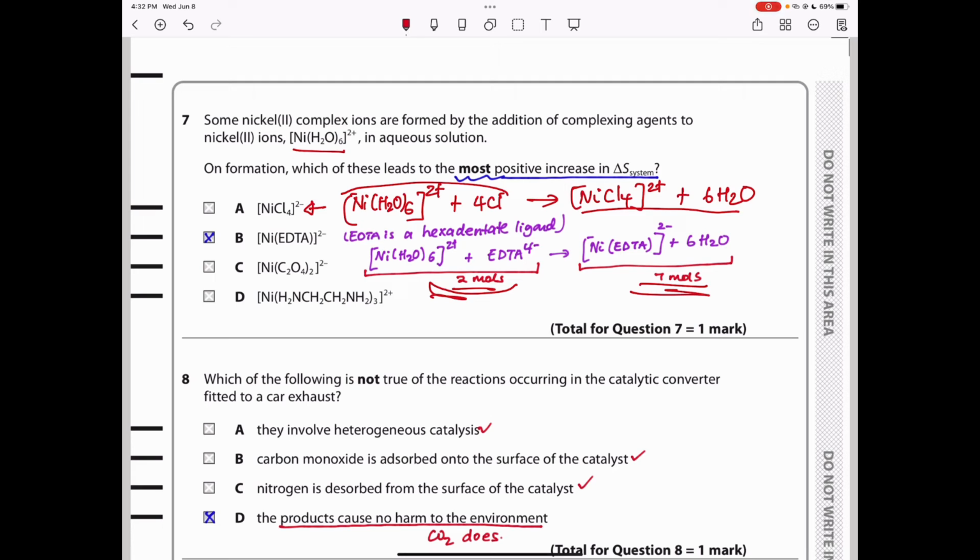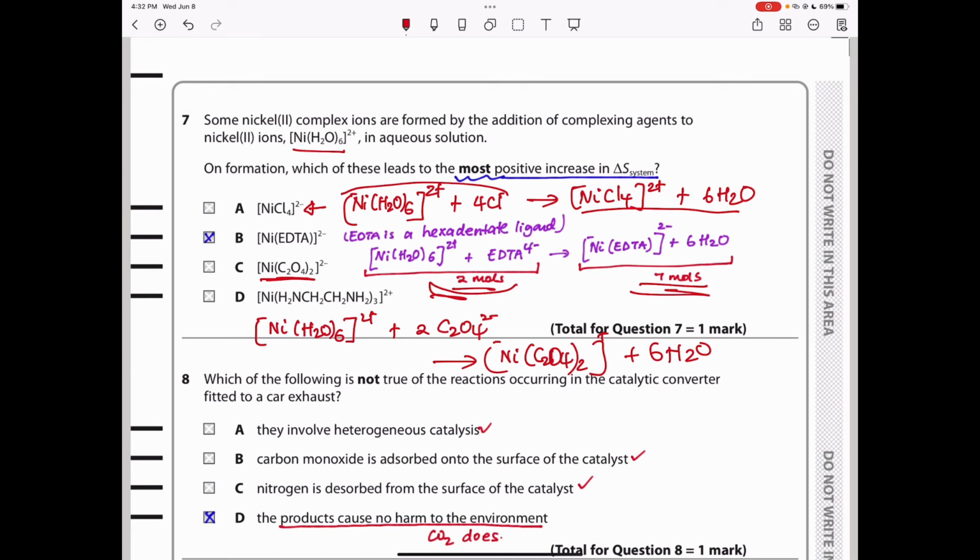For the other, let me see. For this one here, it will be Ni(H2O)6 2+, plus, since we have 2, it's going to be 2 C2O4 2-, giving us Ni(C2O4)2 2-, plus 6 water.